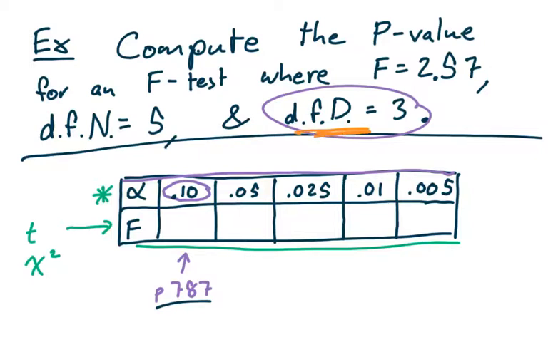And then second of all, we have 5 degrees of freedom for the numerator, so that's why we're moving over to column 5. And so the value that we see there on page 787 is 5.31.